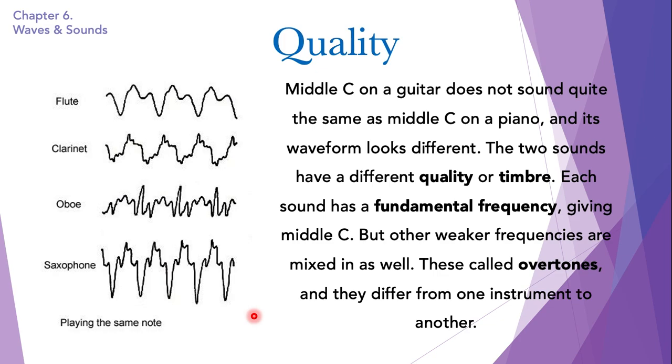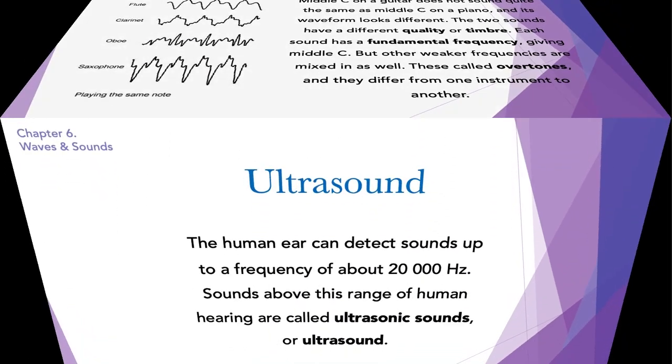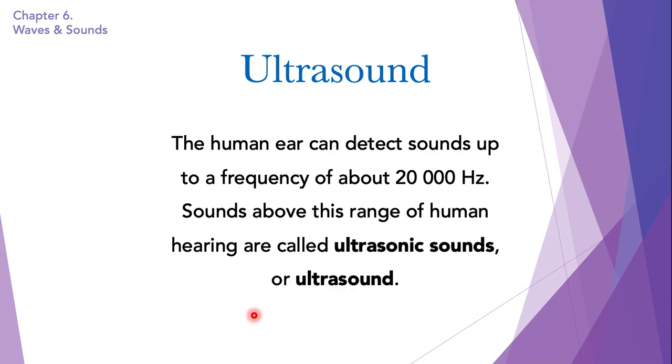Dogs can hear from 20 Hz to 50,000 Hz. Humans can hear from 20 Hz to 20,000 Hz, and bats can hear from 20 to 120,000 Hz. So they have the biggest sound range. Sounds above 20,000 Hz are called ultrasonic sounds or ultrasound.